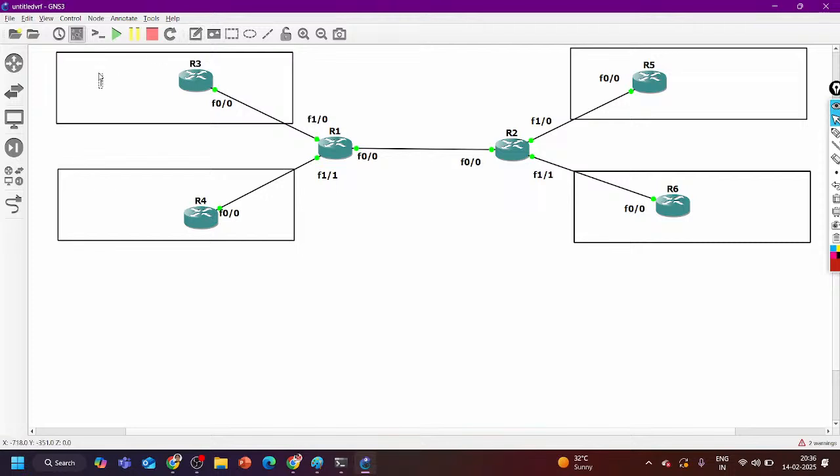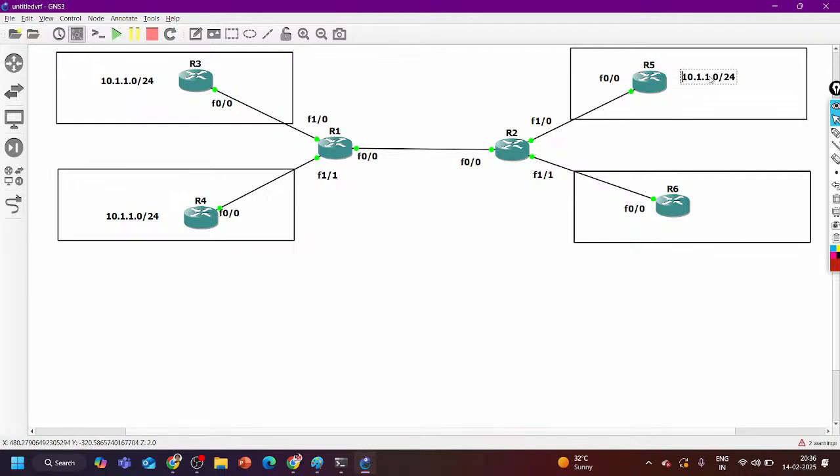Here my subnet is 10.1.1.0/24. Here also my subnet is the same, 10.1.1.0/24. We can have it.